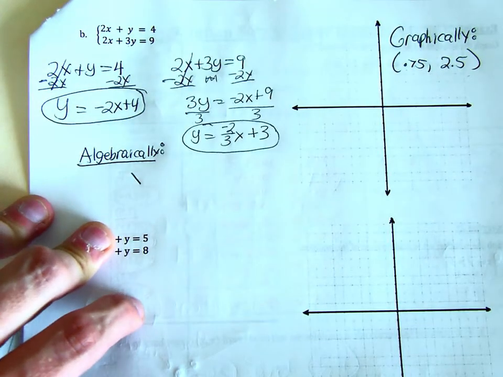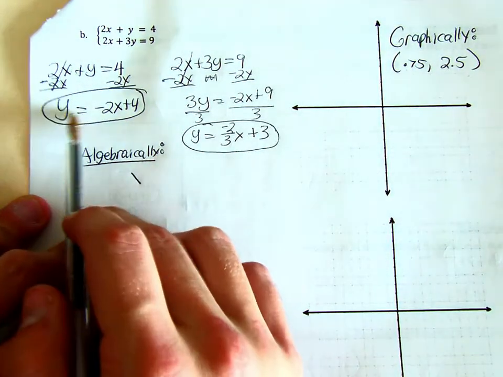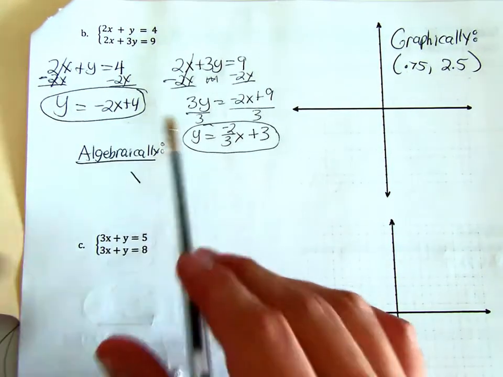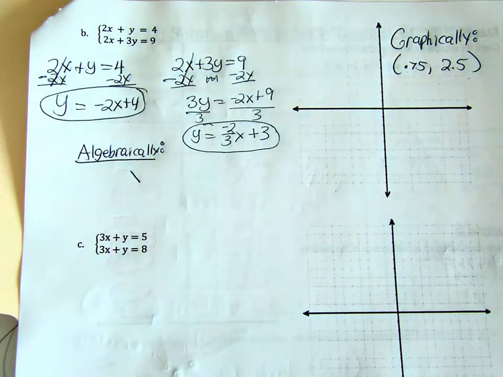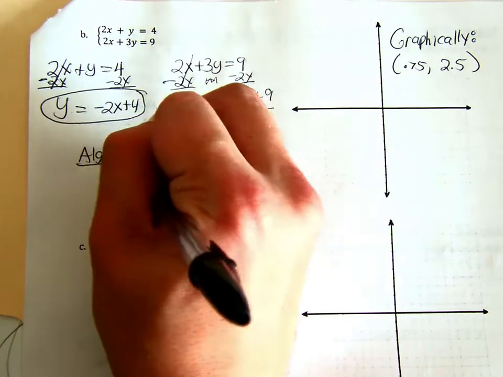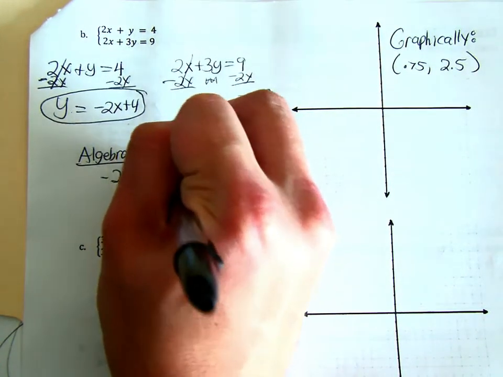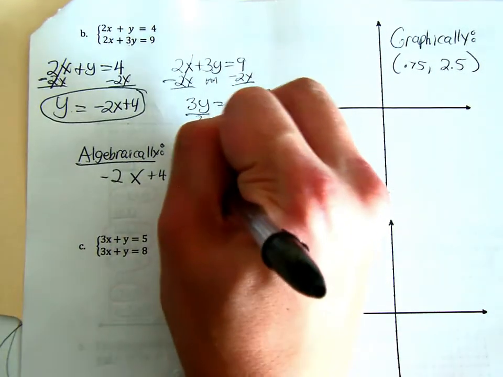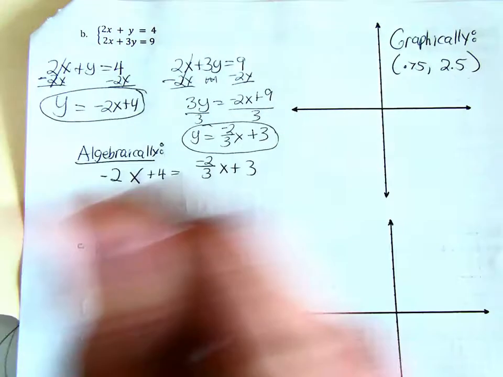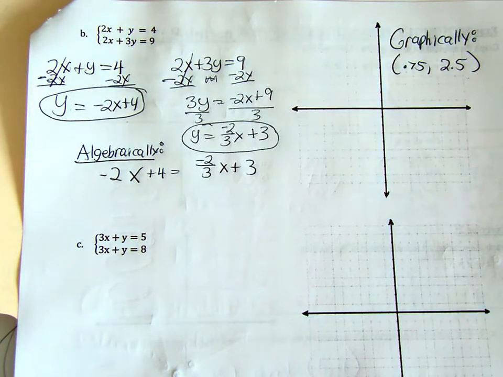So looking at this, I have both of my equations solved for y. So if I'm solving these for y, I can set both equations equal to each other. So let's go through and do that. Once I set them equal to each other, I want to solve for x.